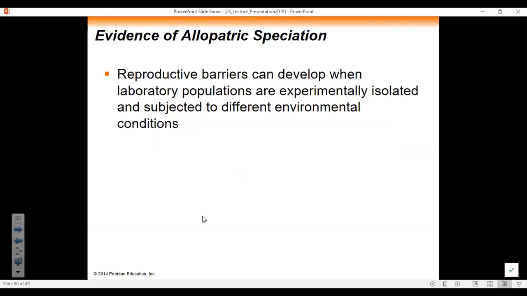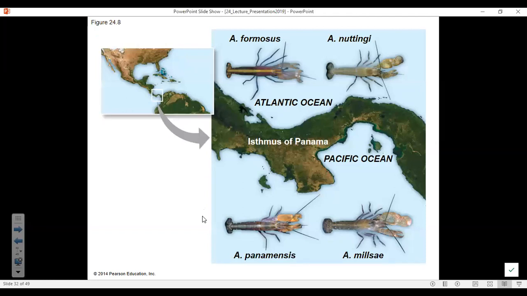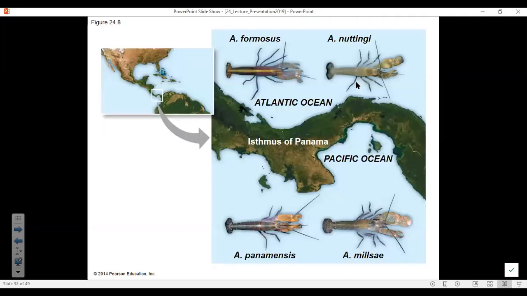So we have lots of examples of allopatric speciation. I just told you about the Galapagos. We told you about the salamanders. They also did a study on some shrimp that lived right down here in the isthmus of Panama, that little land bridge that connects North and South America.